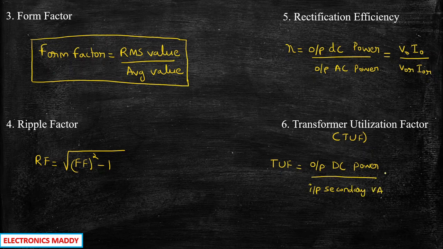So basically, when you have a transformer, the secondary volt ampere is Vs into Is. Average output power we again know, V out into I out. Input secondary volt ampere is nothing but Vs into Is, that is available at the secondary of the transformer. So this is how we define transformer utilization factor.